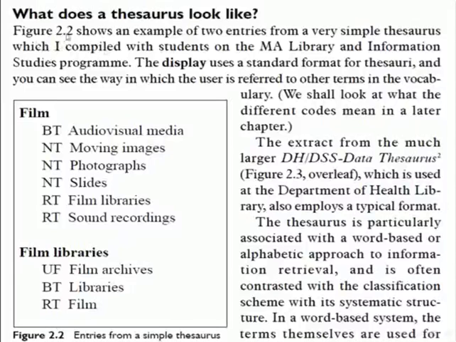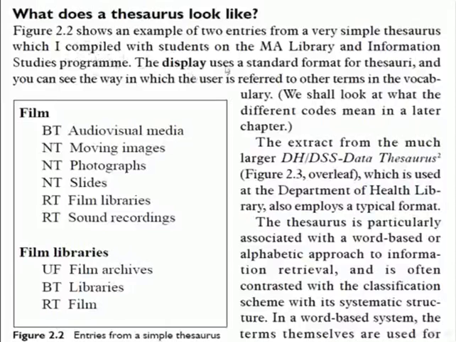So, figure 2.2 shows an example of two entries here, film and film libraries, from a very simple thesaurus which I compiled with students on the MA Library and Information Studies program. This is written, of course, by the author of this book.